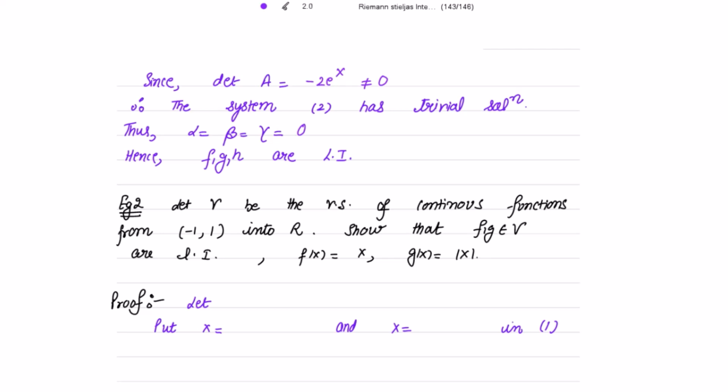Example 2. Let V be the vector space of continuous functions from the open interval negative 1 to 1 into R. Show that f, g belonging to V are linearly independent, where the functions are given to be x and mod of x. Now for mod of x, you need 2 values, either negative or positive.